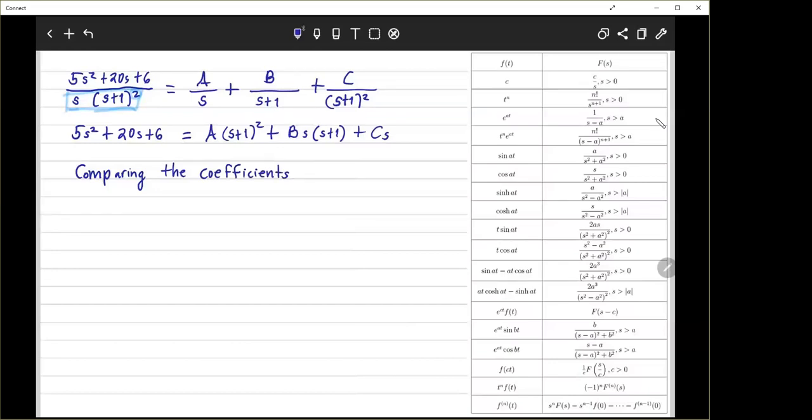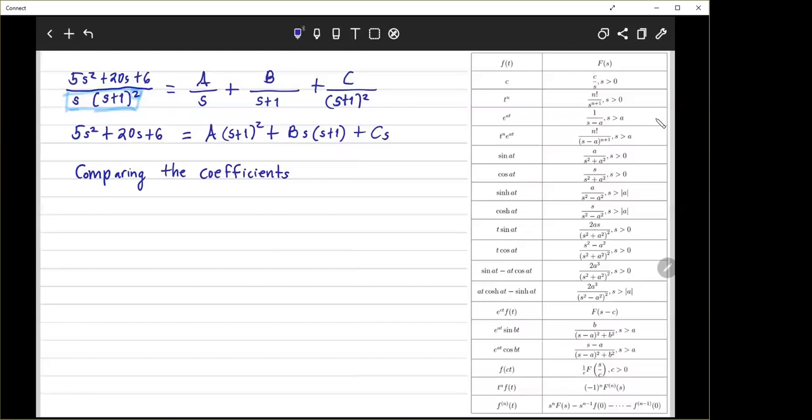This is appropriate if one of your linear factors has an exponent greater than 1. Kung puro 1 lang yung exponent ng mga linear factors natin, we will have an easier technique. But for now, since we have a linear factor na 2 yung exponent, so malaki sa 1, then we need to compare the coefficients. Okay.